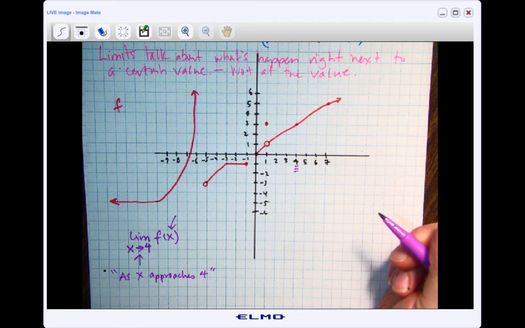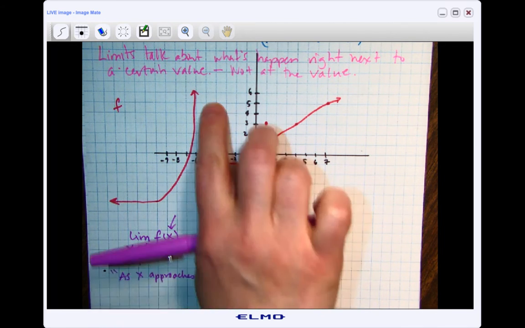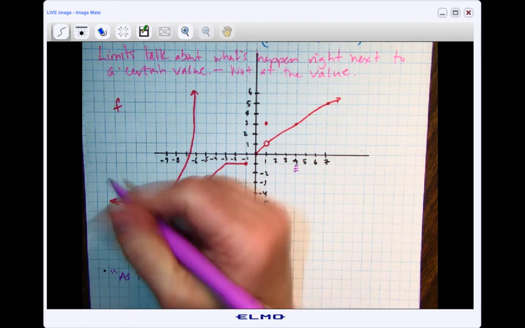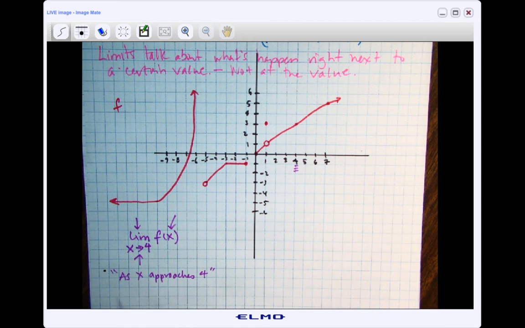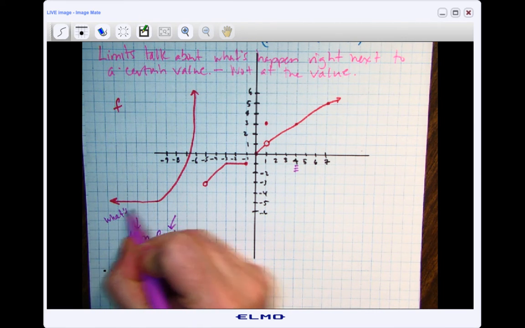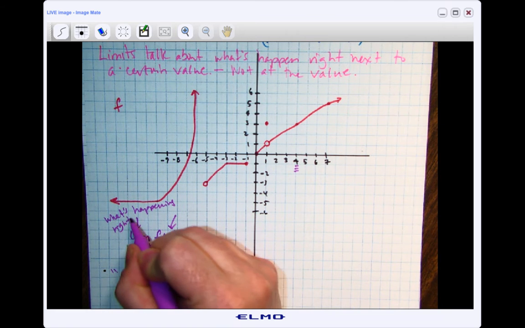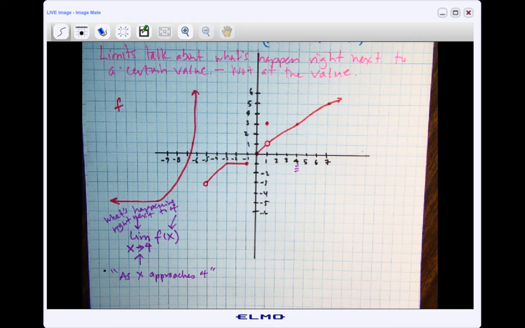I happen to be talking about f of x. Sometimes they write the function value in there, but since this is a function that I don't have an equation for, I'm just going to write f of x there. And this says the limit, so this asks me what's happening right next to 4.